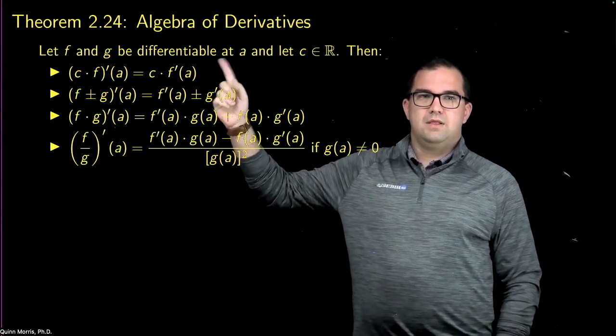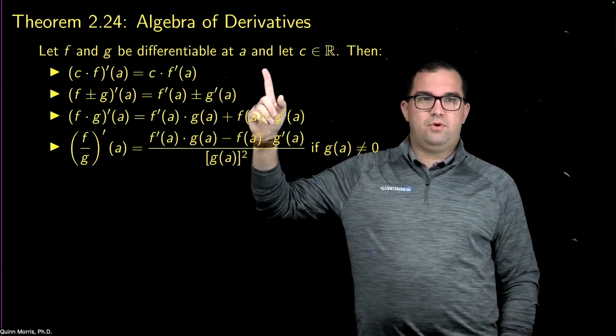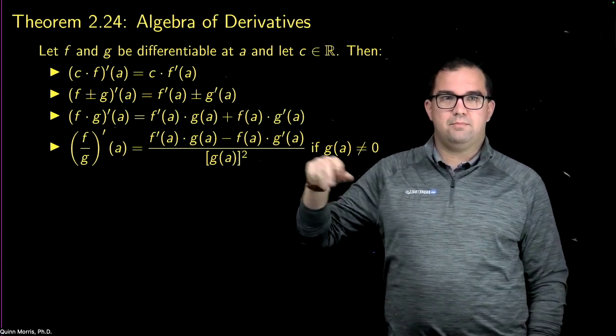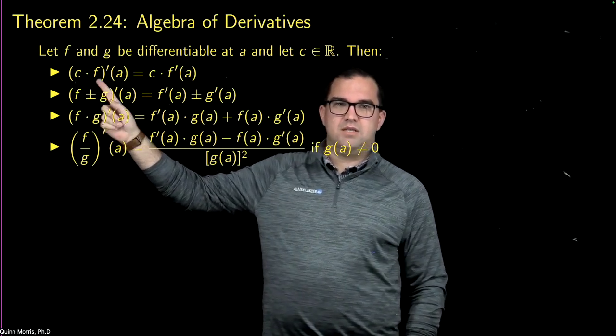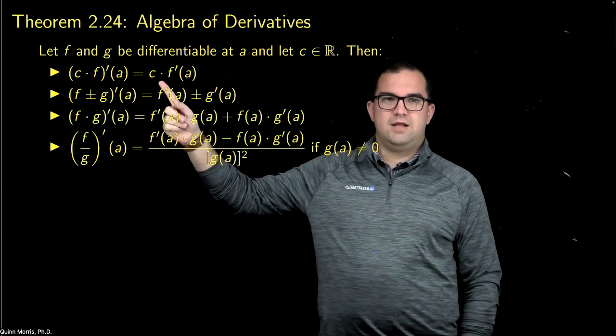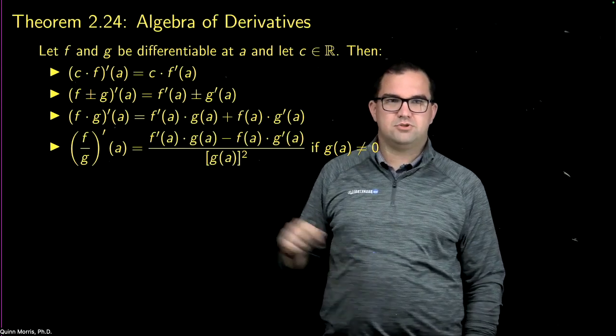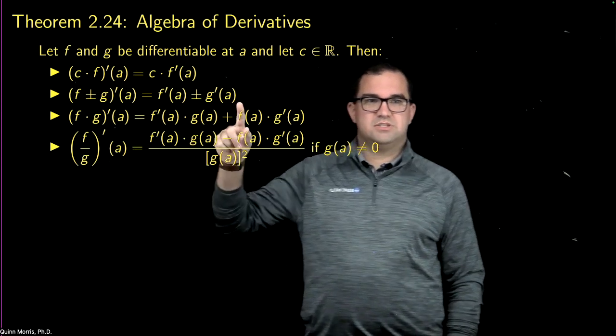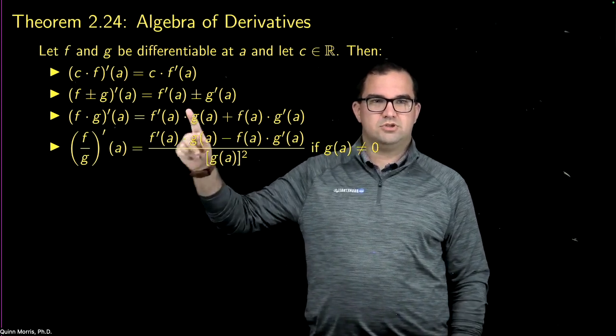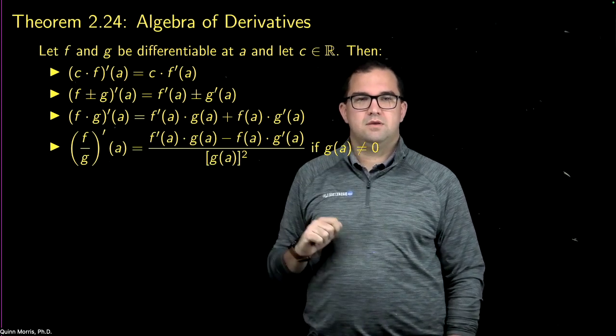So let f and g be differentiable at a point a and let c be a real number. Then basically we're saying if you want to take the derivative of a constant times f, you can pull the constant out and just take the derivative of the function. If you have the derivative of a sum of two functions, that's just the sum of the derivative of each function. Same with differences.